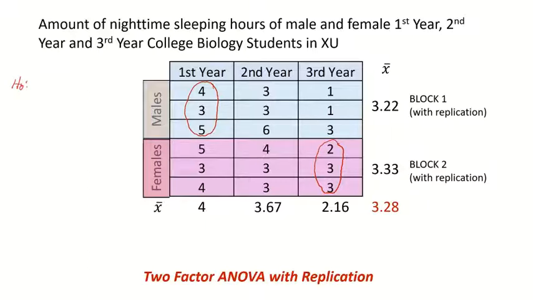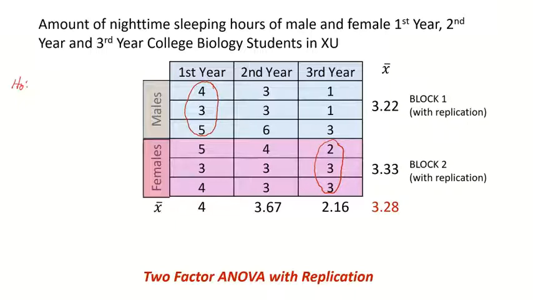And what will be our null hypothesis here? We can have several hypotheses here. First is that there is no significant difference between the sleeping hours of males and females. Number 2, we can have a null hypothesis stating that there is no significant difference between the sleeping hours of a first year, second year, and a third year student.